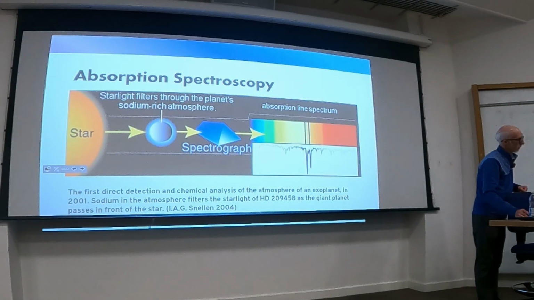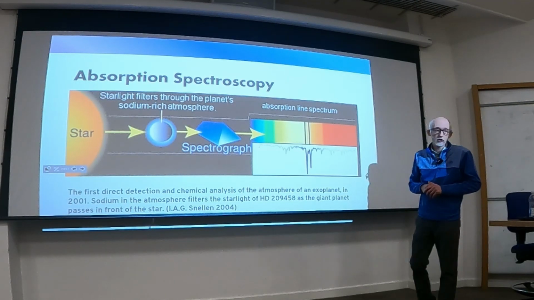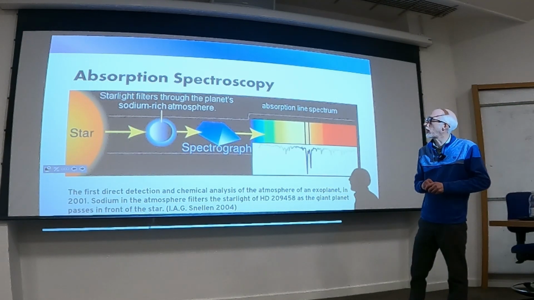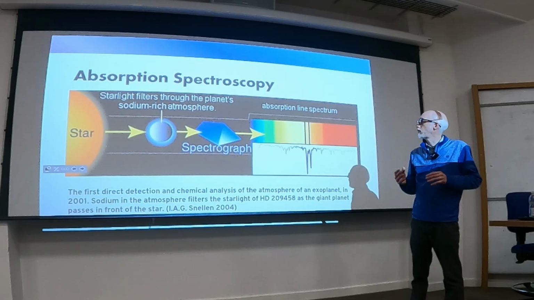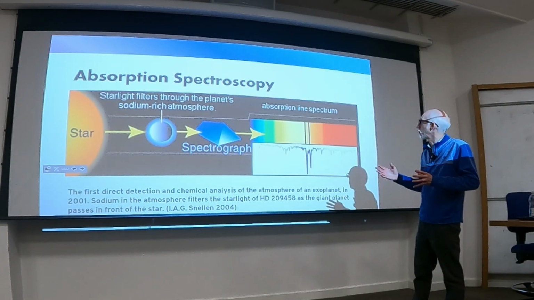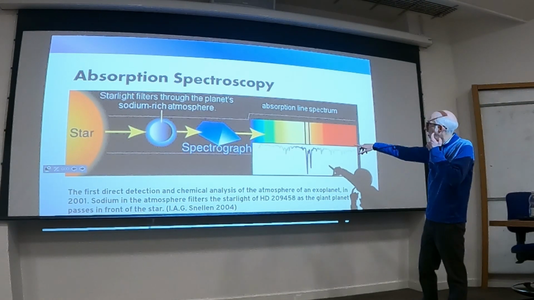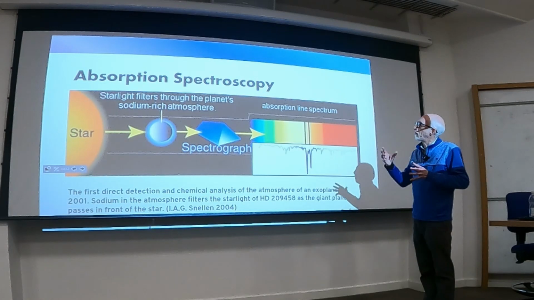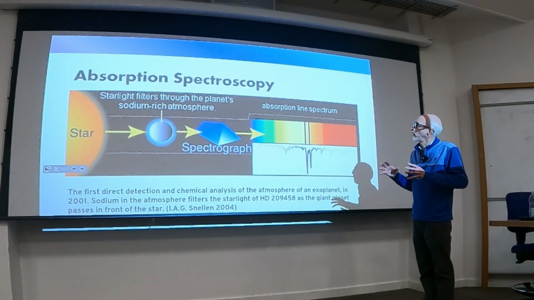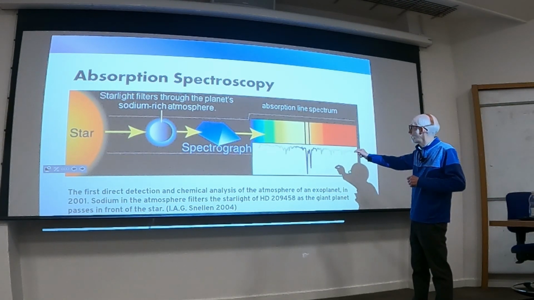And also, the transit method has other benefits. You can gain a lot of information about the atmospheres of planets because of something called absorption spectroscopy. Now, when light passes through a gas, certain atoms and molecules will absorb different parts of the light, different energies.